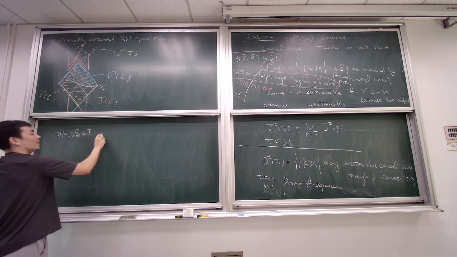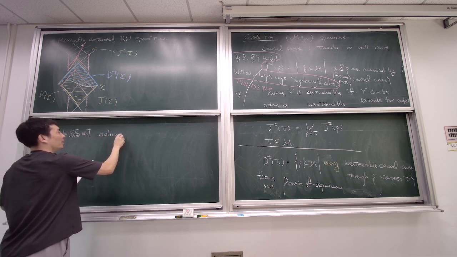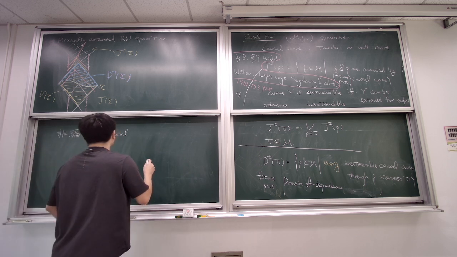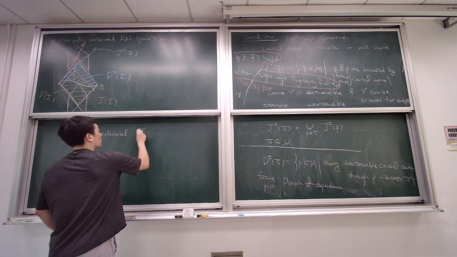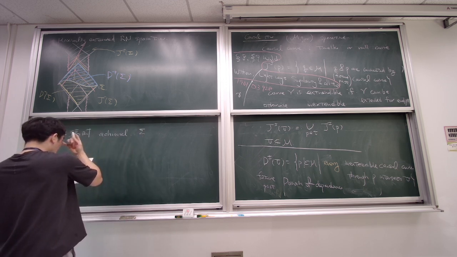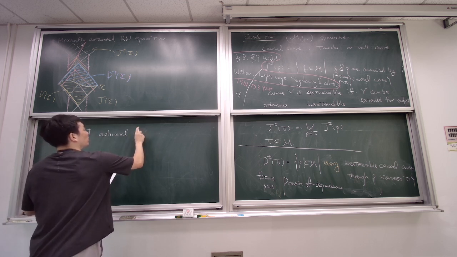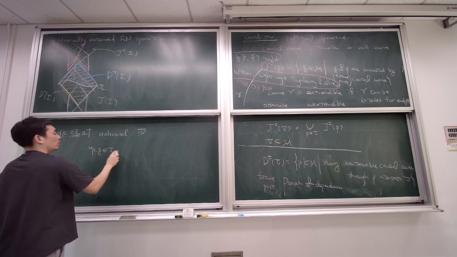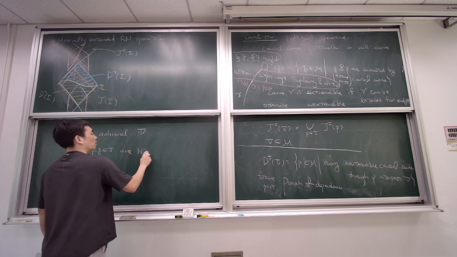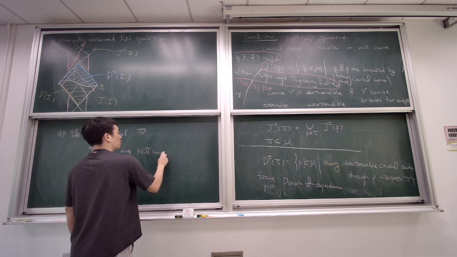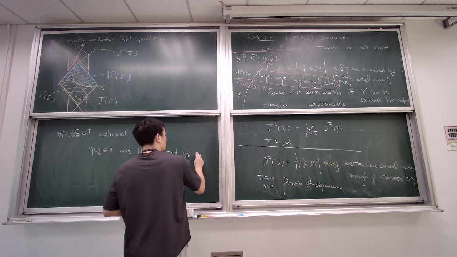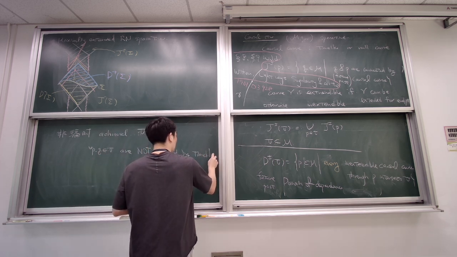The notion of achronal: a hypersurface sigma, or U, whatever you call it, such that any points P and Q on U are not connected by a timelike curve. Cool.